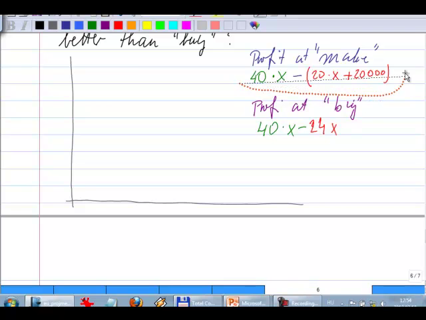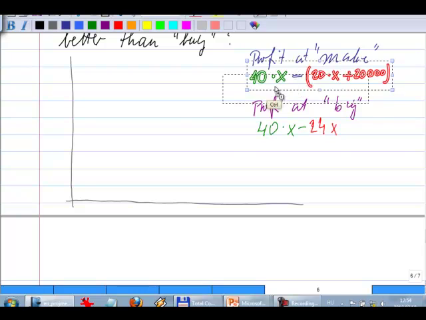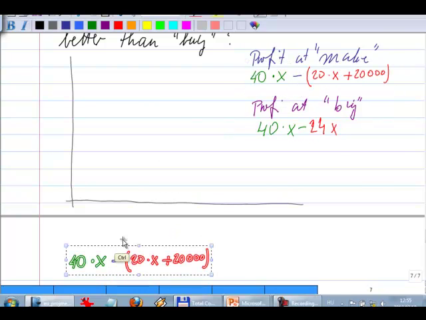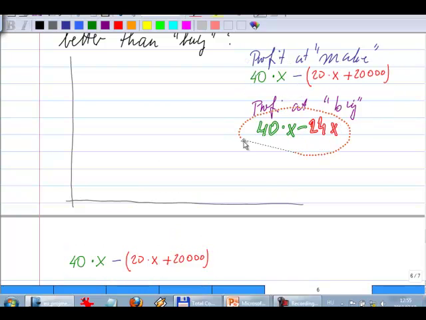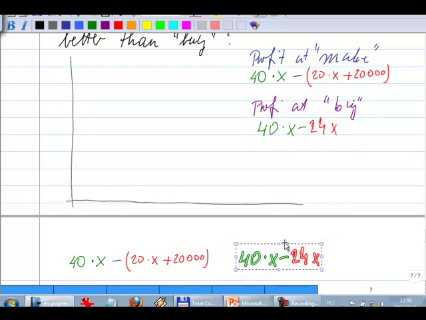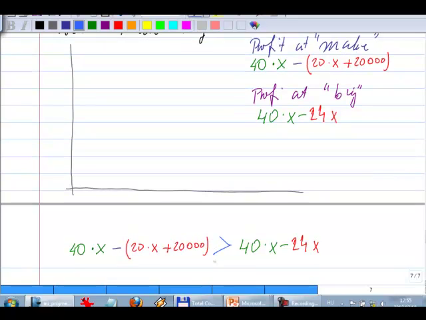To set up an equation: profit at make is greater than profit at buy, or equal.